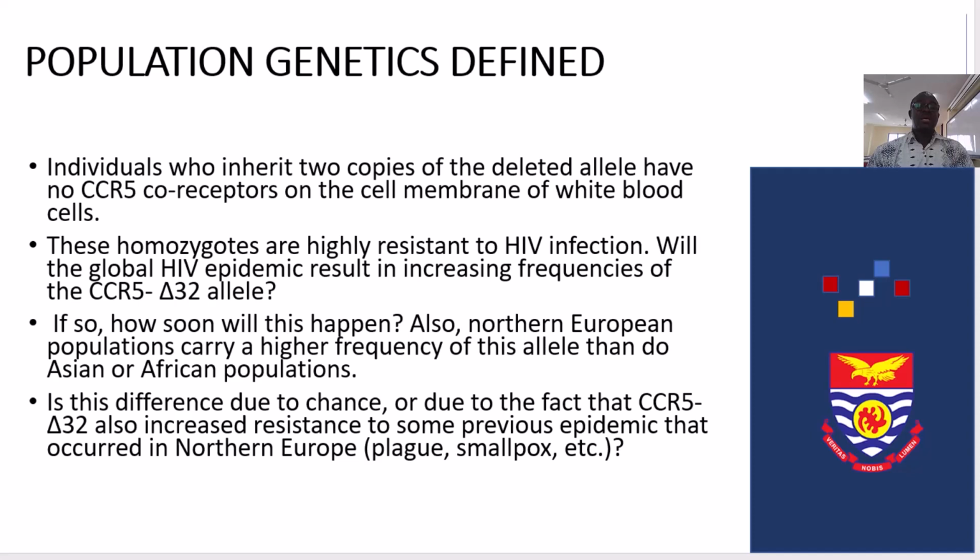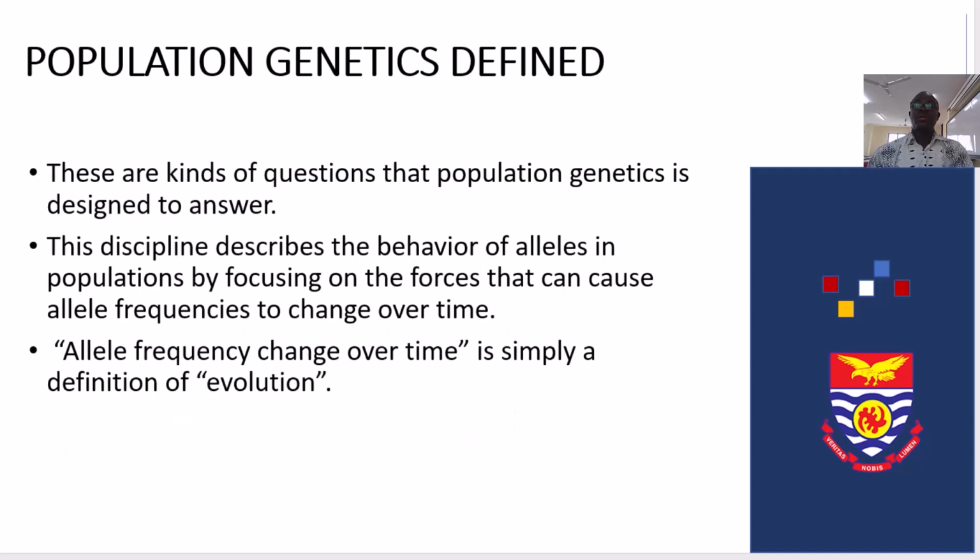Another question: Northern European populations carry a higher frequency of this allele than do Asian or African populations. Is this difference due to chance, or to the fact that CCR5 delta 32 also increased resistance to some previous epidemic that occurred in Northern Europe, such as plague or smallpox? These are the kinds of questions that population genetics is designed to answer.